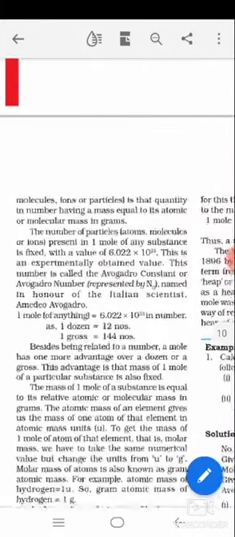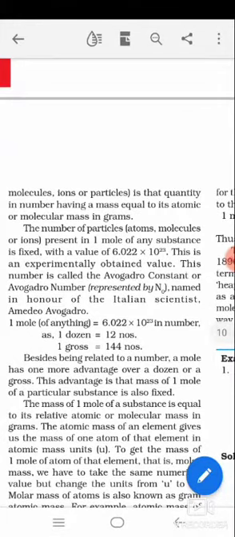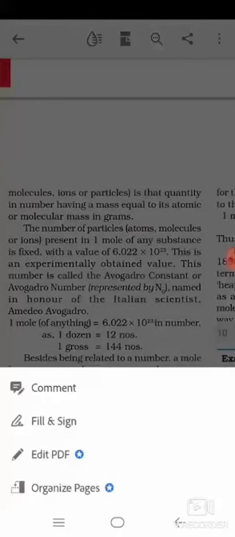The number of particles present in 1 mole of any substance is fixed with a value of 6.022 × 10^23. This is an experimentally obtained value. This number is called Avogadro constant or Avogadro number, named in honor of the Italian scientist Amedeo Avogadro.